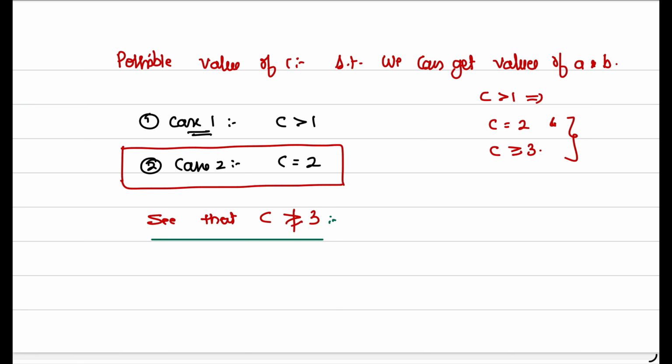If you see the equation, a to the power of b into b to the power of a is equal to factorial c to the power of ab.